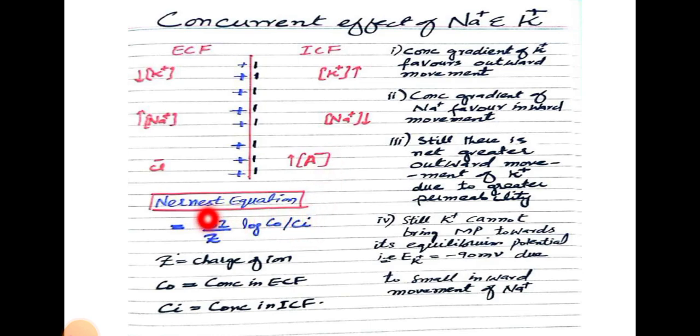So this mathematical representation is the general formula for the equilibrium potential of any ion. If we know the concentration of an ion in extracellular fluid and intracellular fluid, by using the Nernst equation we can find its equilibrium potential.